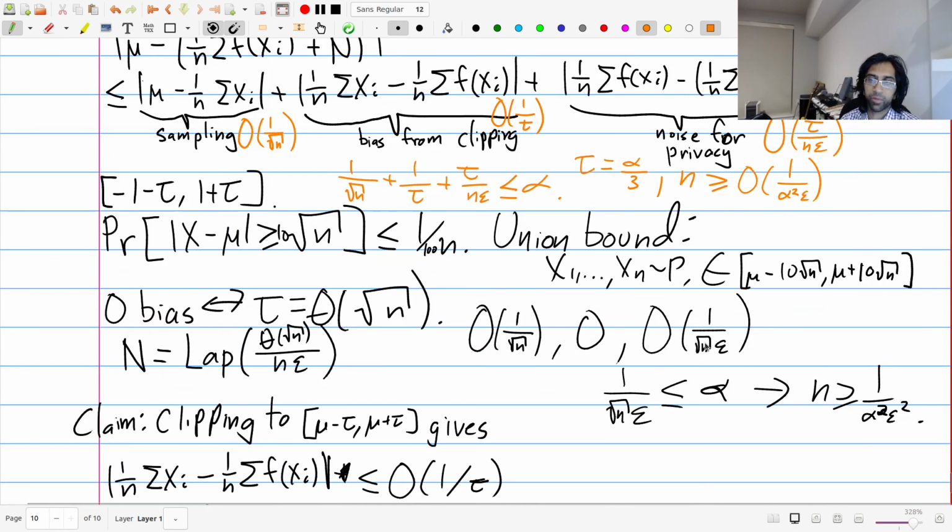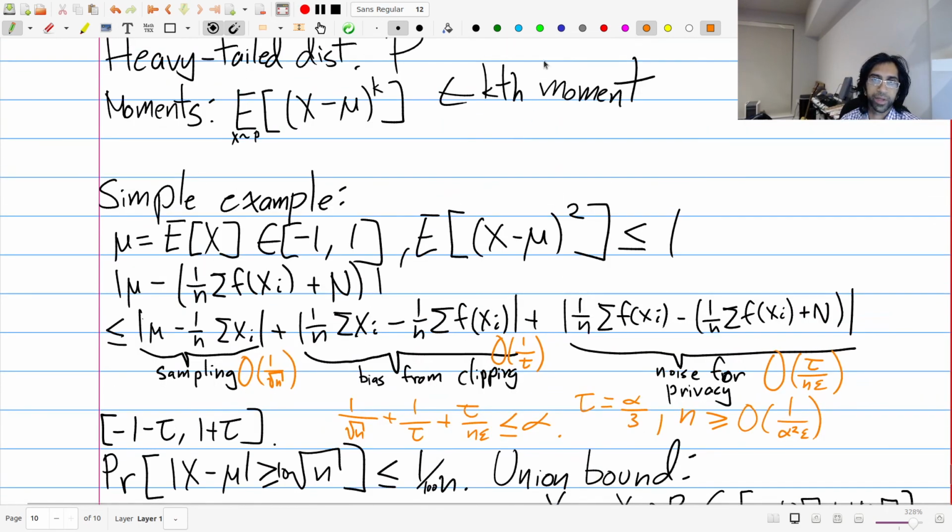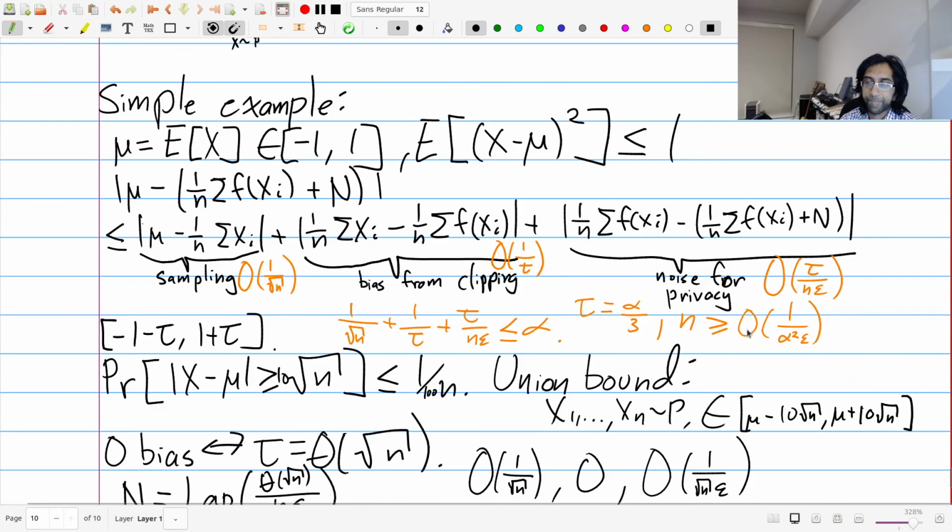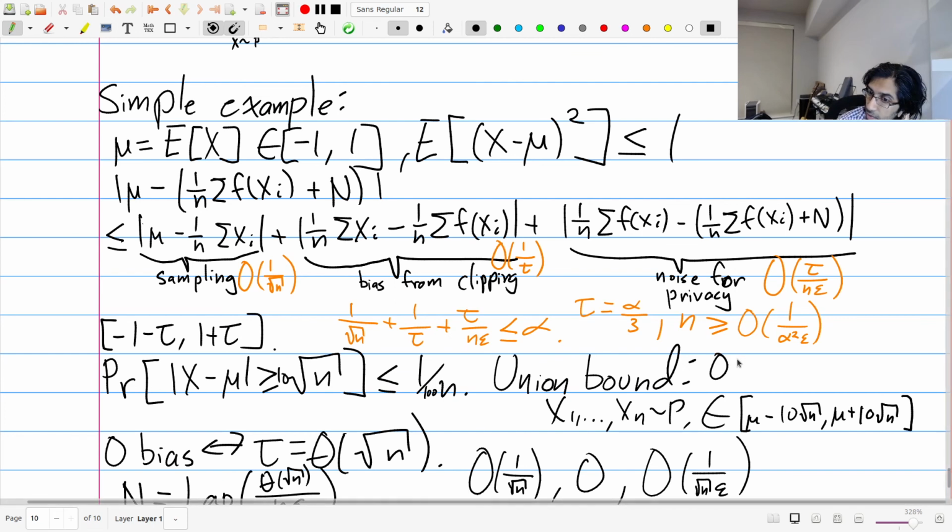So let's compare this 1 over alpha squared times epsilon with our previous bound. Our previous bound, when we had the sub-Gaussian case, gave us a sample complexity of 1 over alpha squared plus 1 over alpha epsilon. You can see here that it's increased, squashing these two terms together into 1 over alpha squared epsilon.